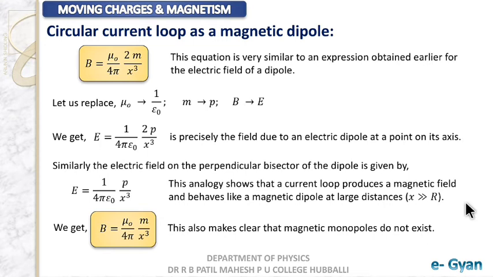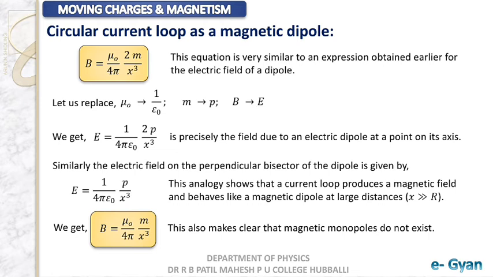That means when you take a current carrying loop and see it from one side, you will see the current flowing in clockwise direction. When it is flowing in clockwise direction, you find it to be south pole, and when you come to the other side of the current carrying loop, you find the current is flowing in anti-clockwise direction, so then it behaves like a north pole.